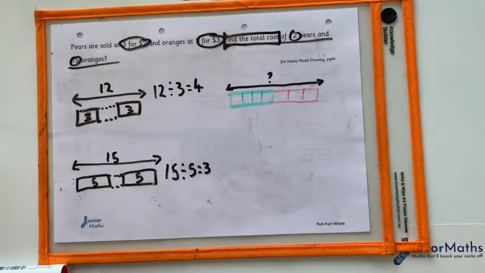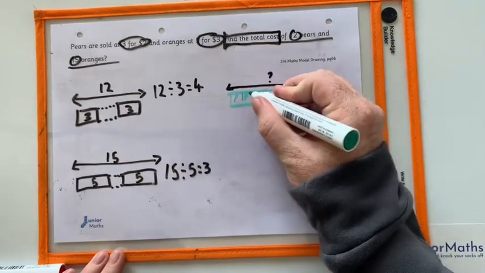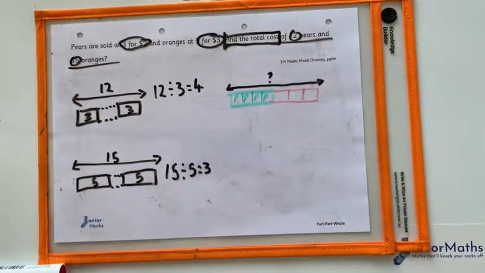I'll quickly go through. I know I probably don't need to because you can see visually, but I'll just label the pears and the oranges.